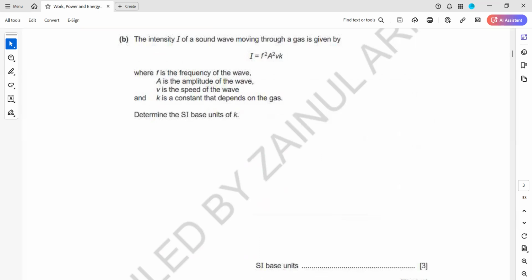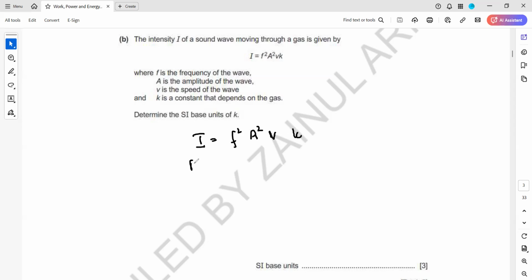So if we want to determine the base unit of k, first thing, when we work out, we have to write what the concept of intensity is. Intensity is power in a unit area. So we have this formula I is equal to f square A square Vk.